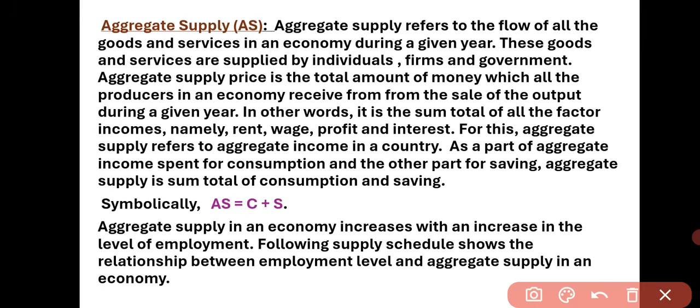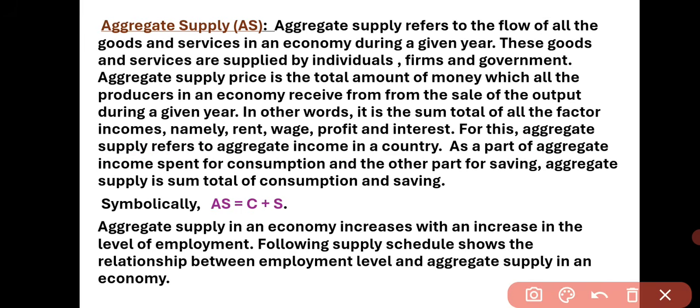So aggregate supply refers to aggregate income in a country. Remember this, that aggregate supply refers to the flow of goods and services in an economy during a given year, and it is nothing but the sum total of factor incomes. This is why aggregate supply is also known as aggregate income.